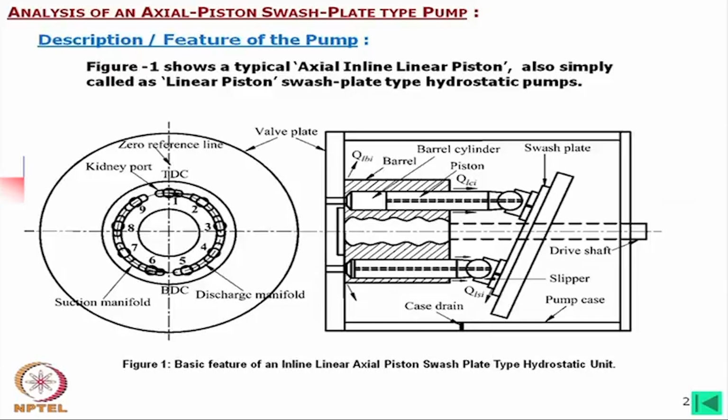Inline means all pistons, if you develop them, will be in a line, acting one after another. Linear means the motion is linear, for the pistons. Now, swash plate means this one is the swash plate, which I will describe in the next slides also. So, that is why it is called swash plate type pump.